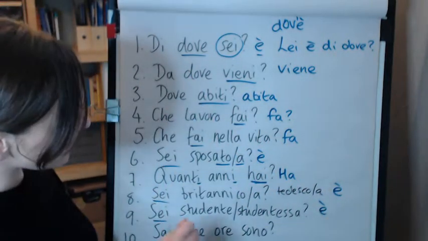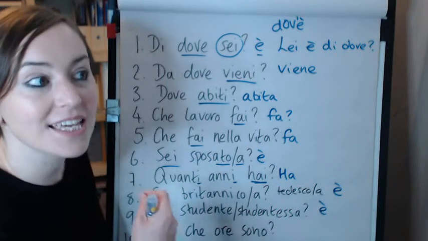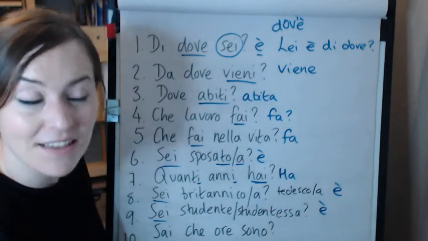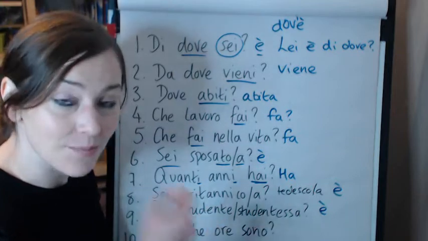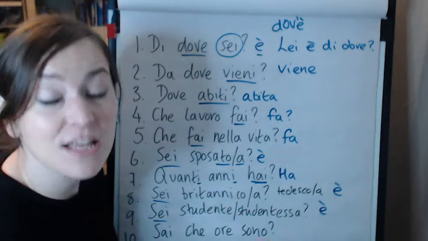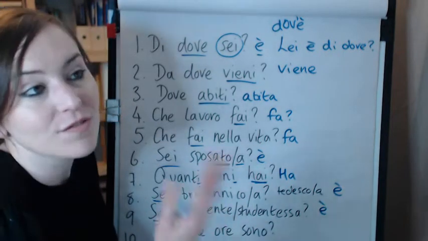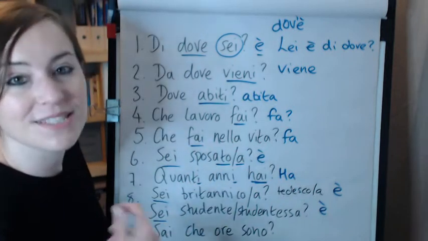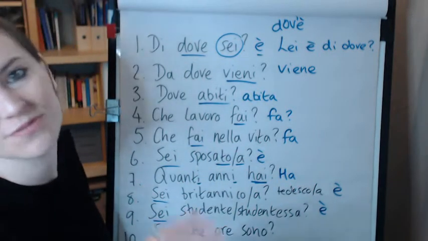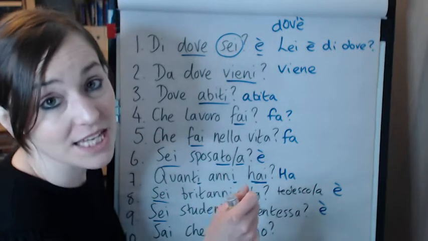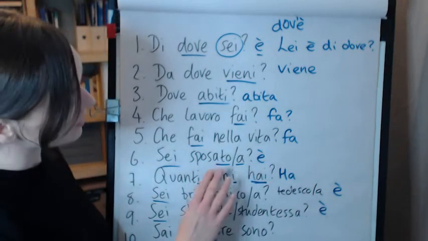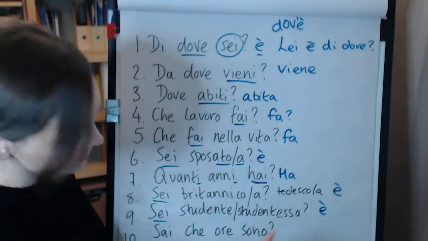However, I also said there are some words like interessante, which end with an E. Speciale, felice, triste, all of them. Happy, sad, interesting, special, for example. They're adjectives that end with an E. So you can use them for either a boy or a girl, basically.